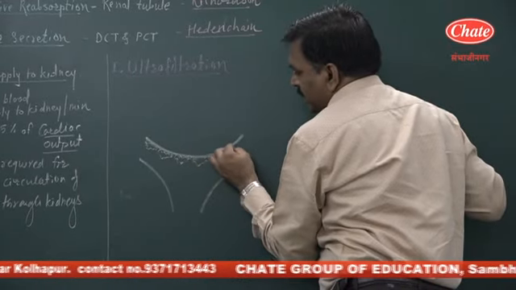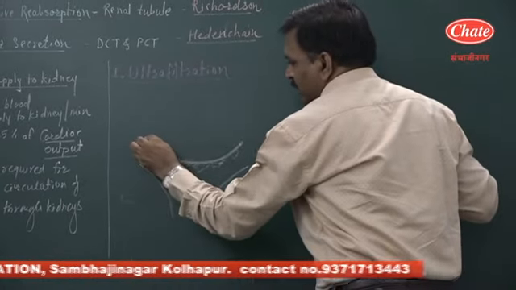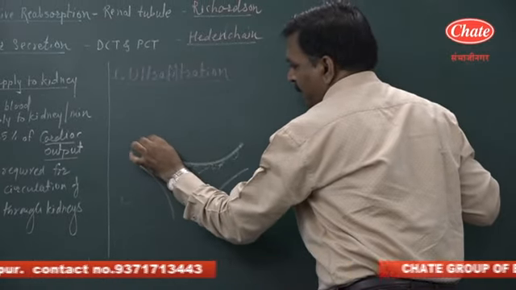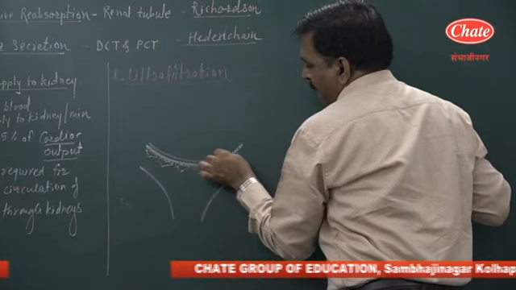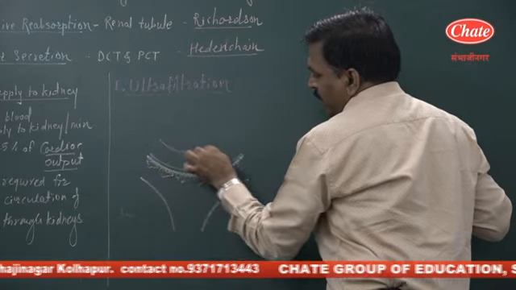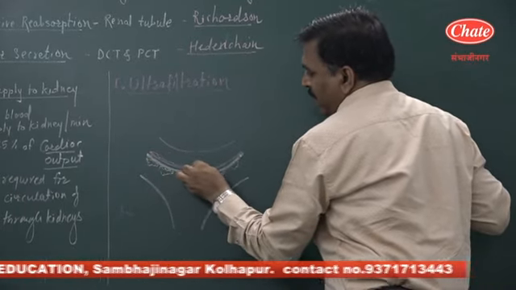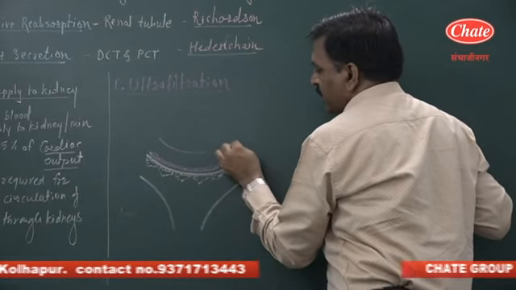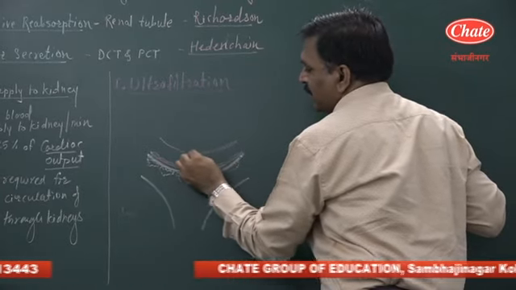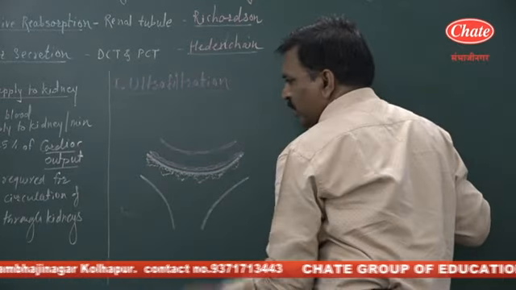So these are the podocytes which line the visceral layer. And second is the glomerular capillary, the capillary present in the glomerulus. You know that the glomerular capillary is lined by squamous epithelium, which in the glomerular capillary is termed endothelium.